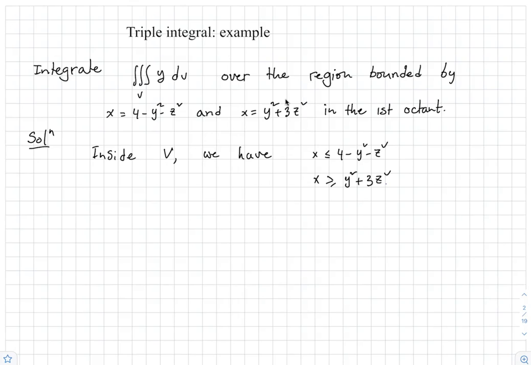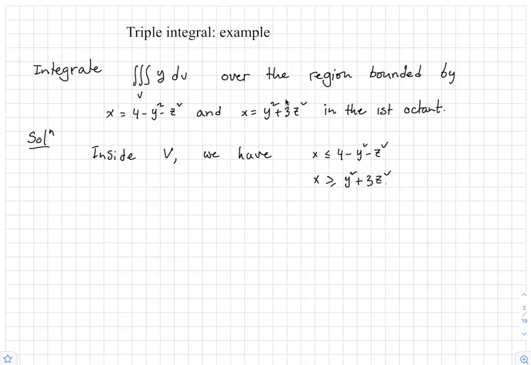When y equals 0 and z equals 0, x equals 4, and x cannot be greater than 4. So x has to be less than 4, because if you put x equal to 5, then 5 minus 4, which is 1, equals minus y square minus z square, which cannot be solved.